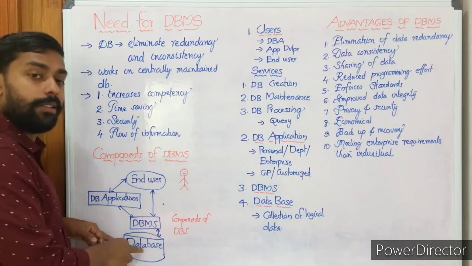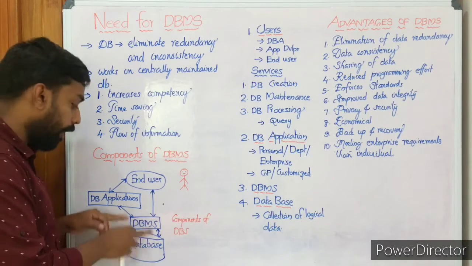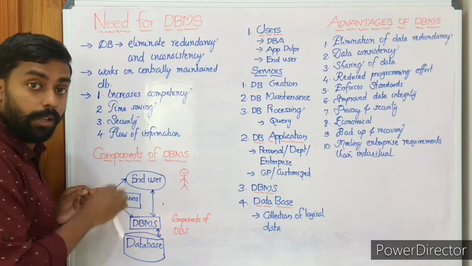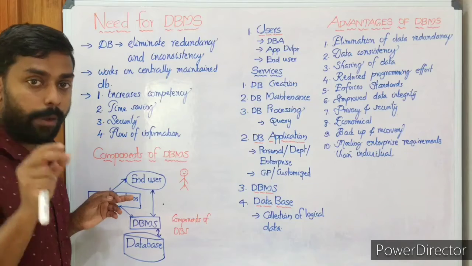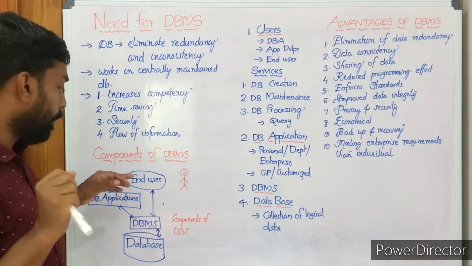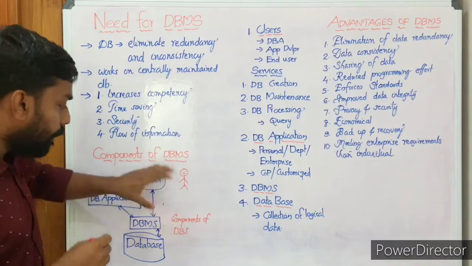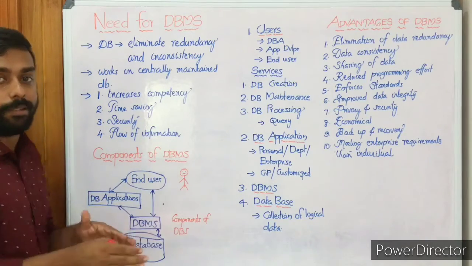So the database is considered the hardware part, the database management system is a software part, and database applications are also a software part, an application program. Then the end user, who uses the system. So these are the different components of a database system.